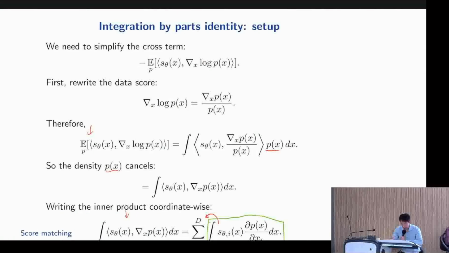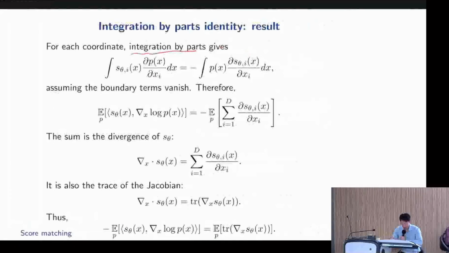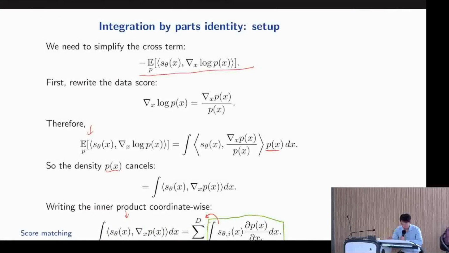So we started off from this equation. That's the sum of the integral of s_i and dp/dx_i.